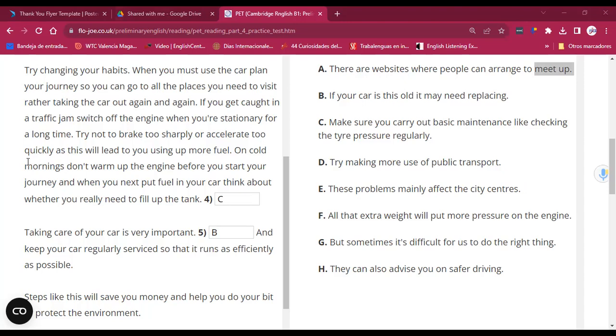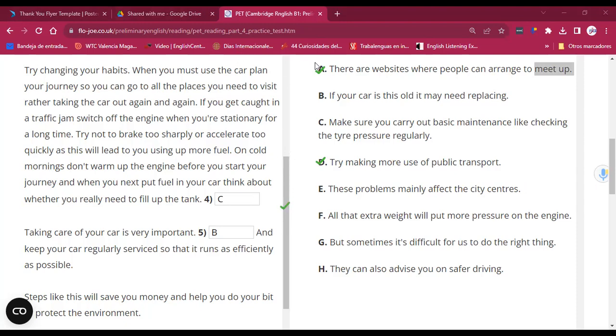Okay? So which one do you think it is? Remember, letter A is taken. Letter D is taken.